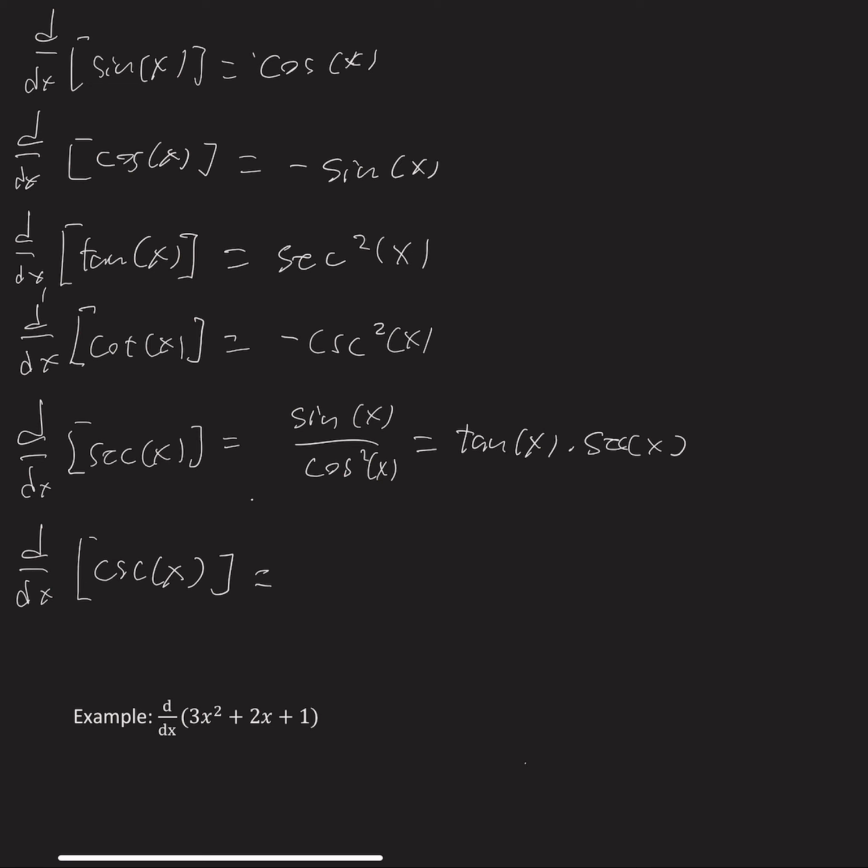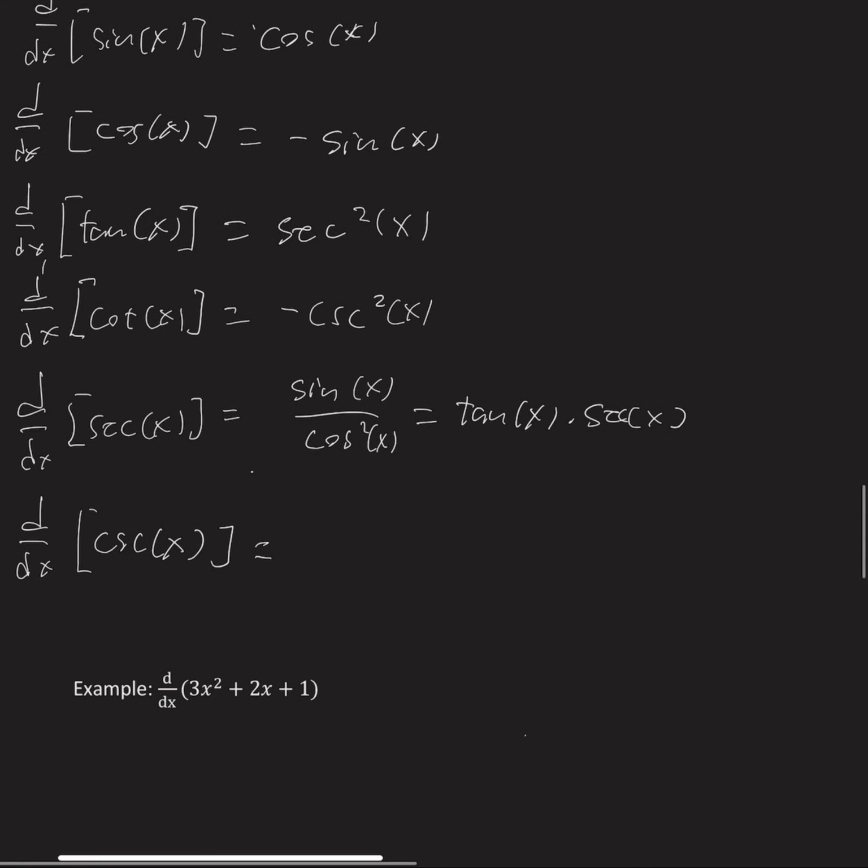Okay. And lastly, the derivative of cosecant of x is equal to the negative of cosine of x divided by sine squared of x. And that is equal to the negative of cotangent of x times cosecant of x. All right.